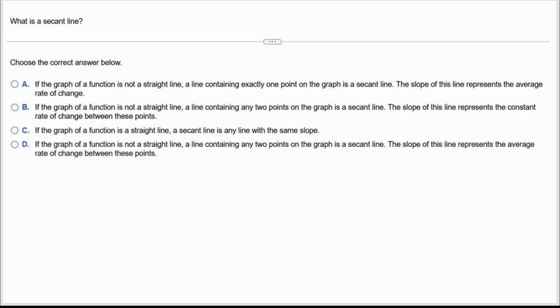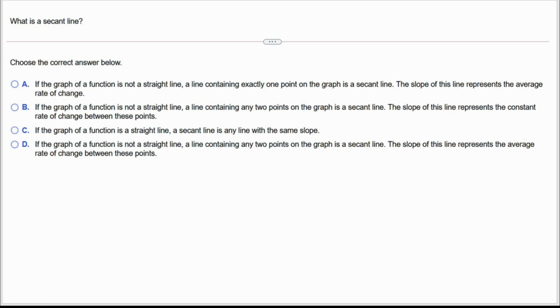So part A would not be the secant: if the graph of a function is not a straight line, a line containing any 2 points on the graph is a secant line. The slope of the line represents the constant rate of change between these points. Now, for B, that first sentence is good, but they throw us off in the second sentence.